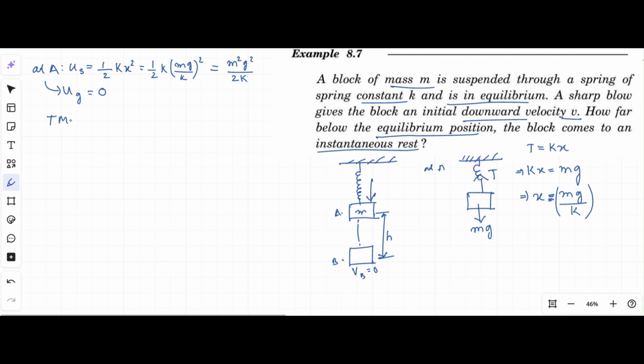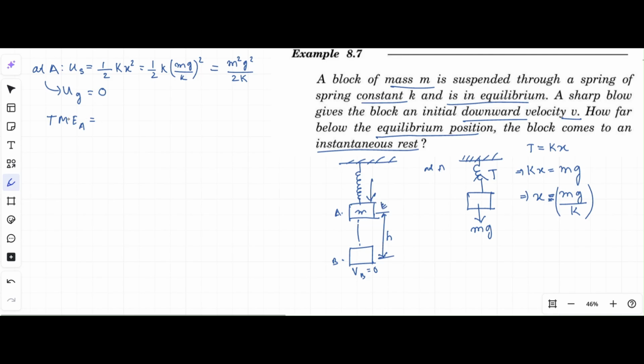Total mechanical energy at A is equal to the sum of kinetic energy and potential energy. So what is the kinetic energy here? Suppose at A only a blow was given to it and it acquired a velocity v.